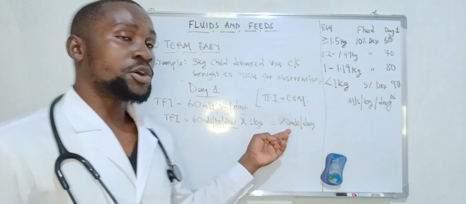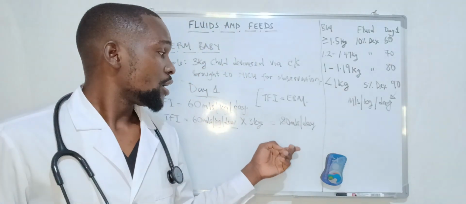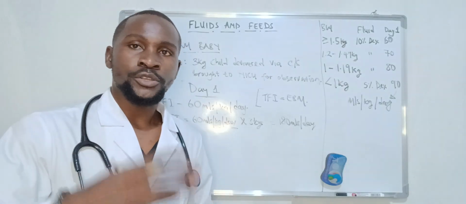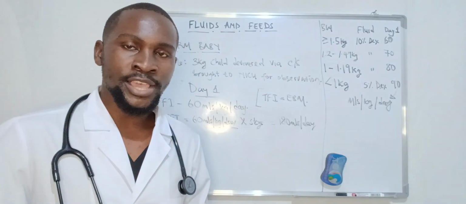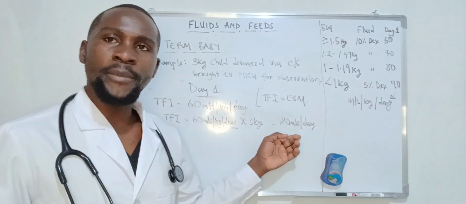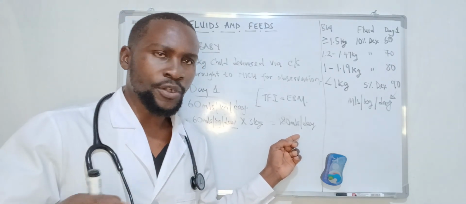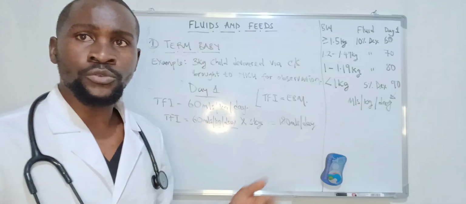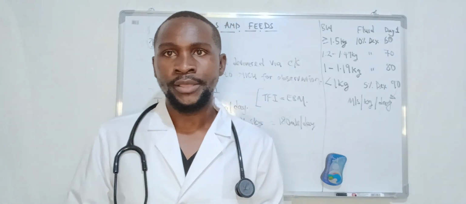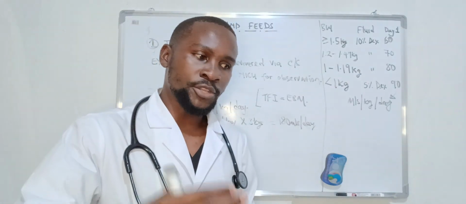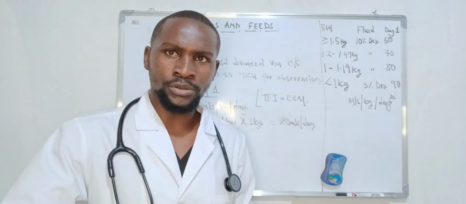Now, because our feeds were supposed to feed this child 2 hourly, meaning how many times are we supposed to feed this child in 24 hours? Because you have 24 hours in a day, if you're feeding 2 hourly, how many times would you feed this child?